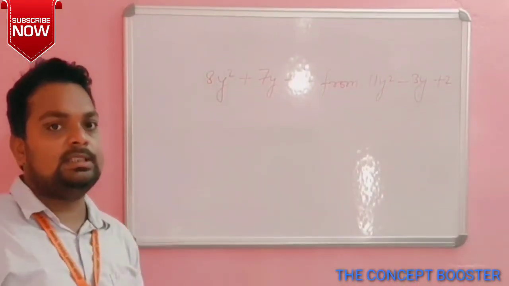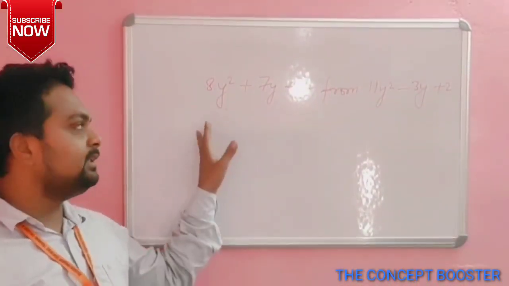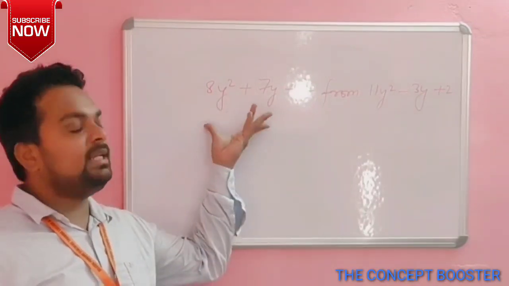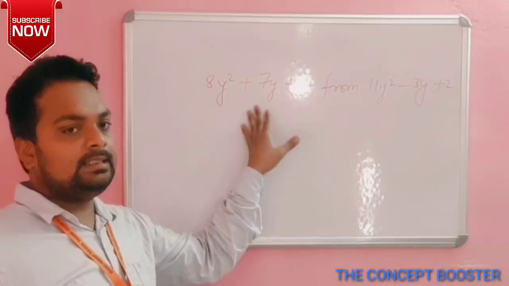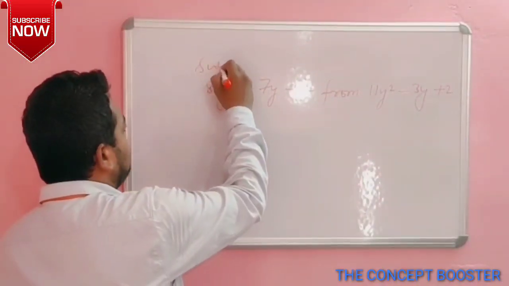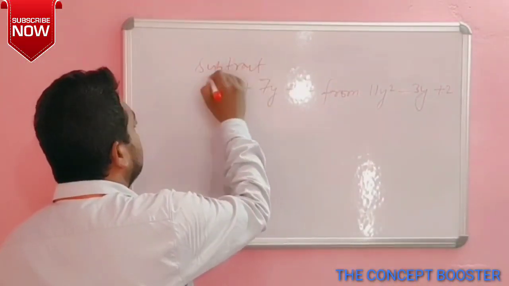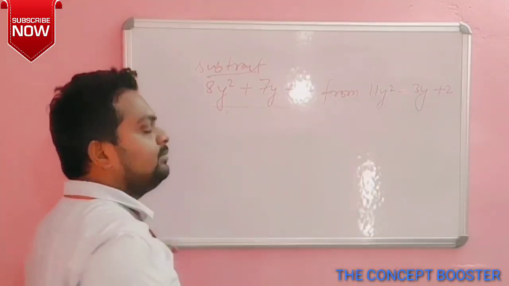Okay, so this is somewhat different from the previous one. The previous was very simple, and this is somewhat complicated. So you have to subtract this expression from this one.